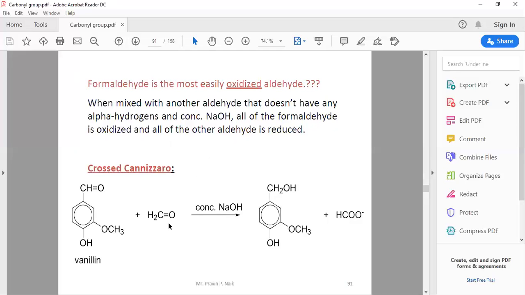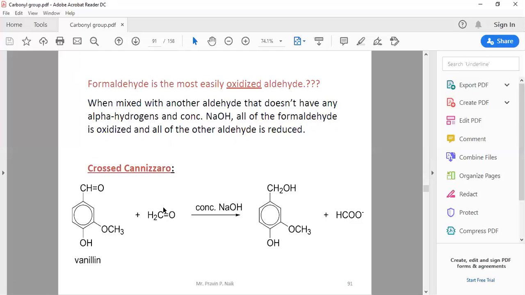So you can understand here, this is the basic chemistry. The first step in the Cannizzaro reaction is the nucleophilic attack. Here, this is a carbonyl group and here is a carbonyl group. In the case of vanillin, you have the aromatic ring, the pi electron system, and then the methoxy group. So they are highly electron rich substituents across the carbonyl group.